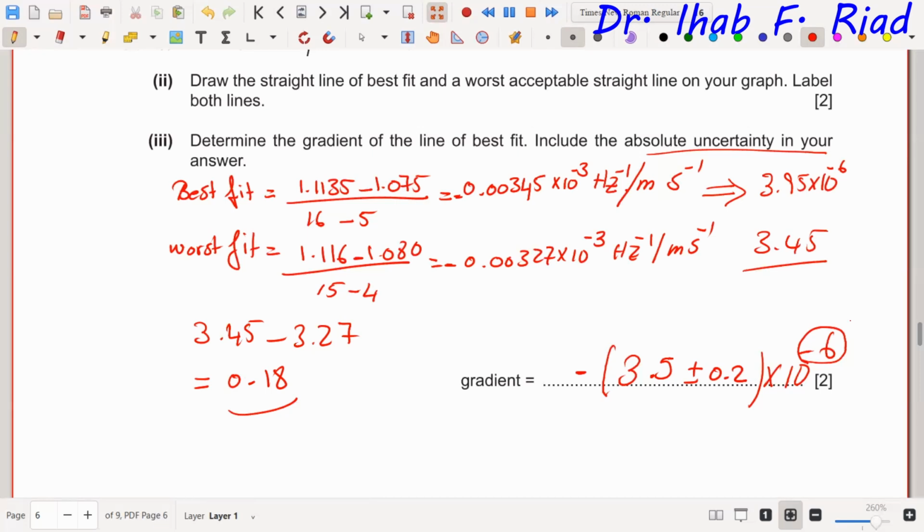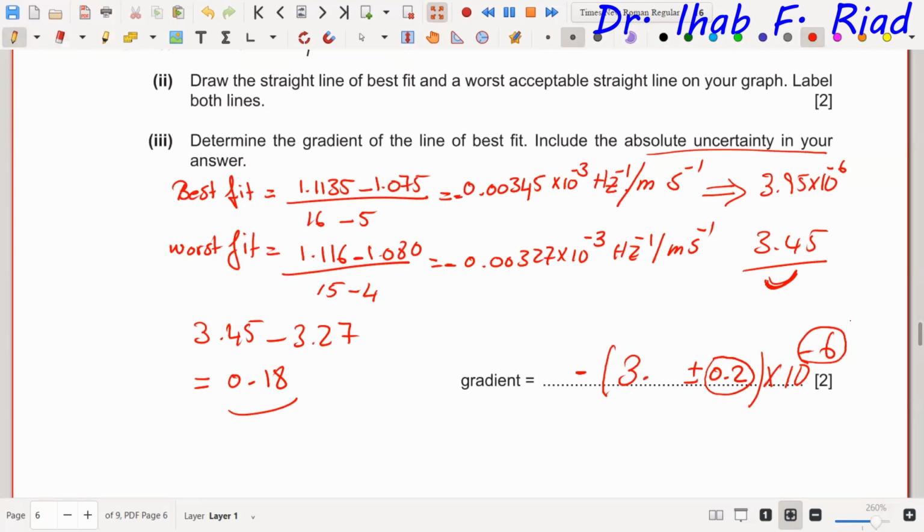But now we have the absolute uncertainty, it is up to one decimal place. We are going to change this one to one decimal place. Then from 3.45, it is going to be 3.5, okay?